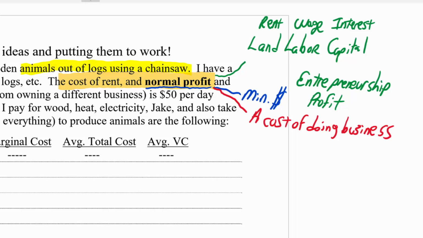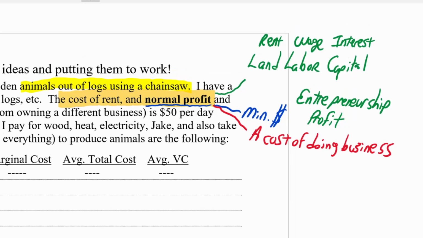But this amount of profit, not all the profit, but this amount of profit, is a necessary expense that the business has to pay, just like it has to pay for its land, its labor, and its capital. A business must reward its entrepreneur with some level of profit. And we call that minimum level of profit normal profit. You have to pay the entrepreneur normal profit.